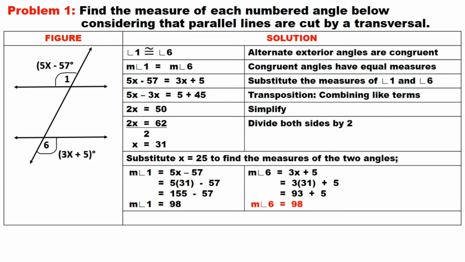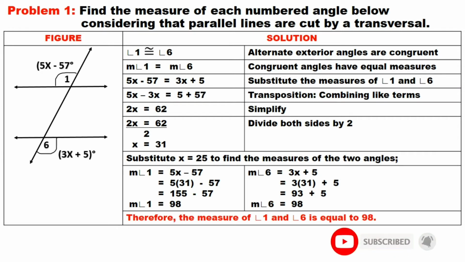Measure of angle 6 equals 3x plus 5. Change x by 31, so we have 3 times 31 equals 93, plus 5 equals 98. Measure of angle 6 is also 98. Therefore, the measure of angle 1 equals measure of angle 6 equals 98. Again, they are congruent just because they are alternate exterior angles.